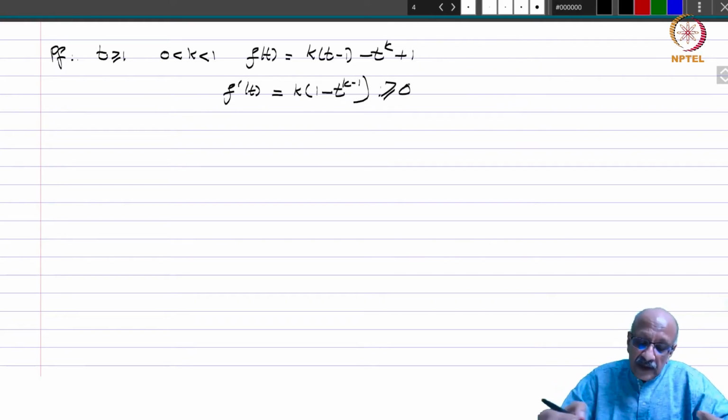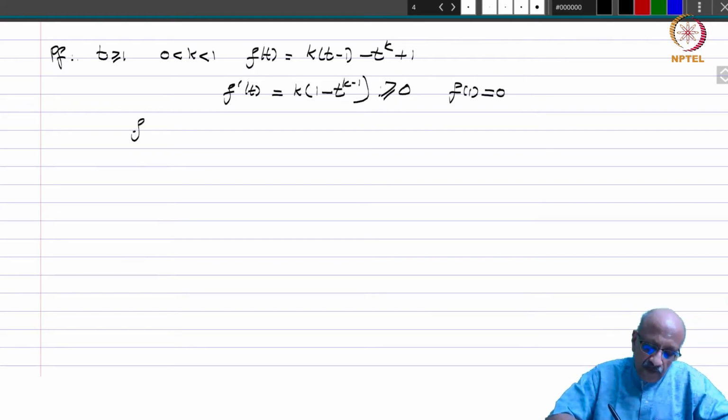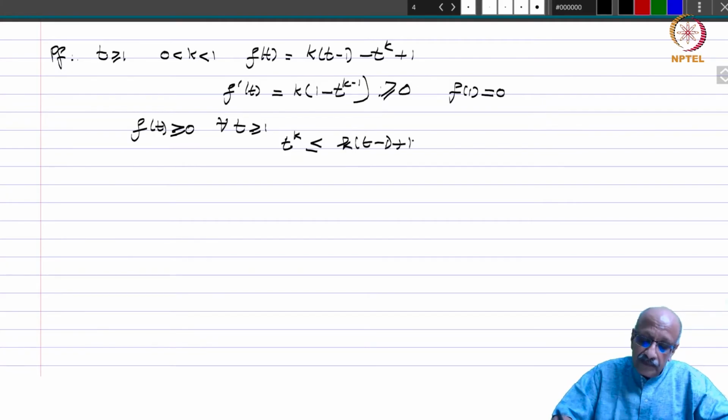So f is an increasing function, and f(1) is 0, and therefore f(t) is greater than or equal to 0 for all t bigger than or equal to 1. This implies that t^k is less than or equal to k(t - 1) + 1.